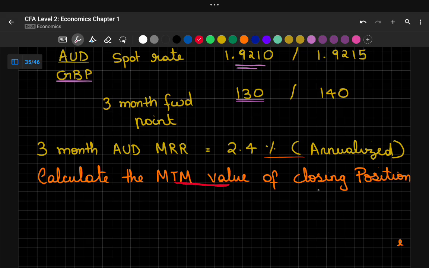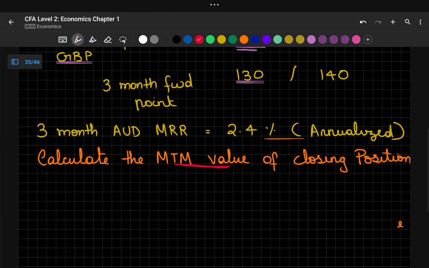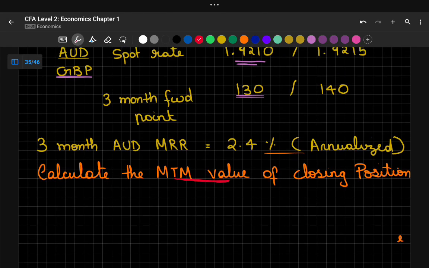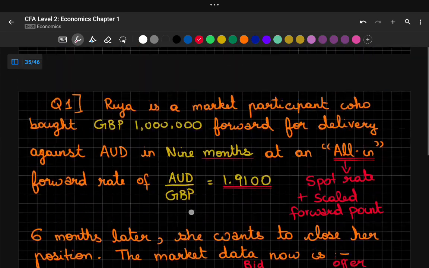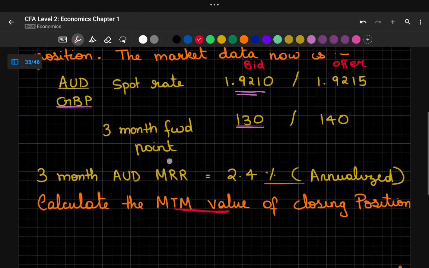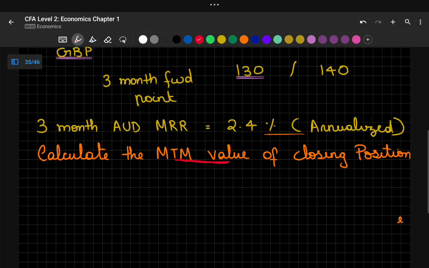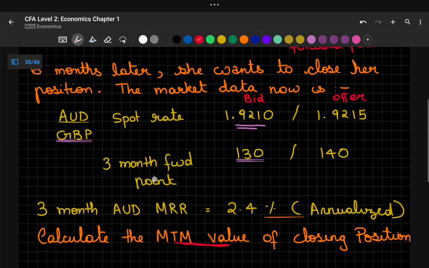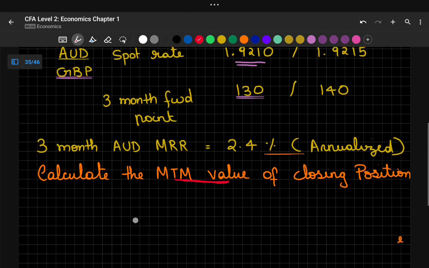Calculate the MTM value of closing the position. So they have asked us to calculate the MTM value of this 9-month forward contract, which Ria wants to close after 6 months.